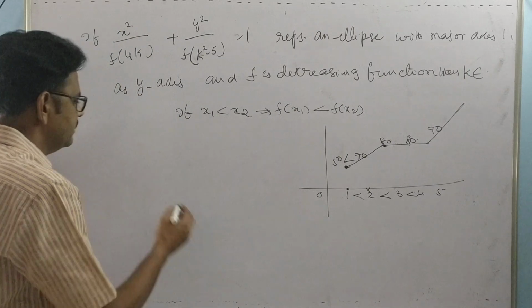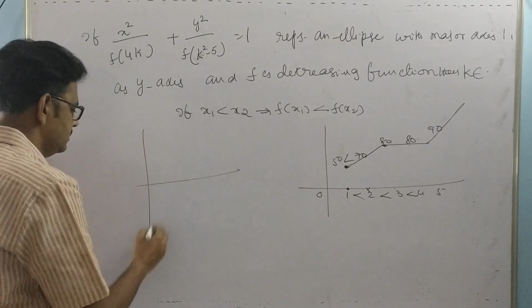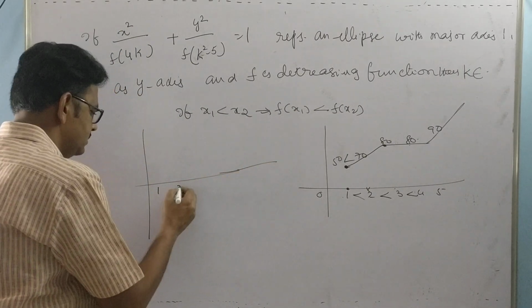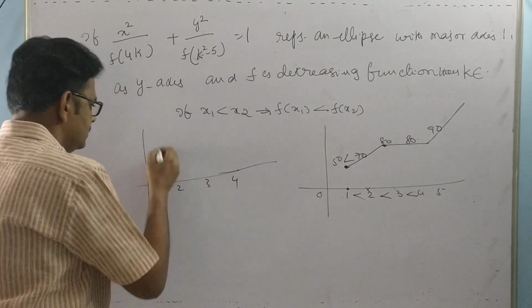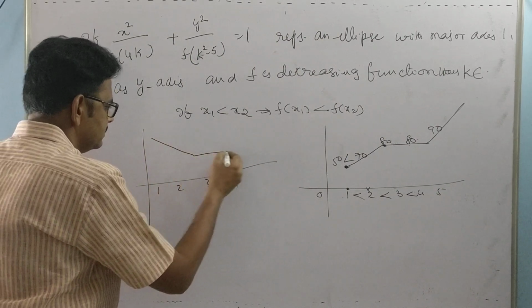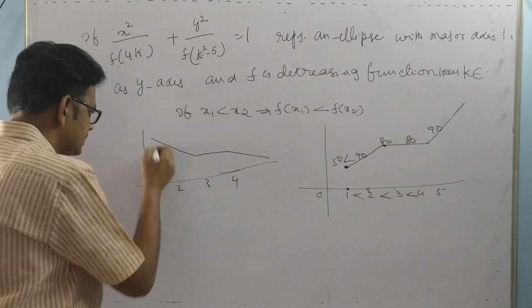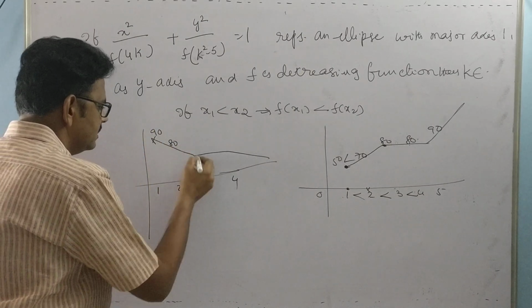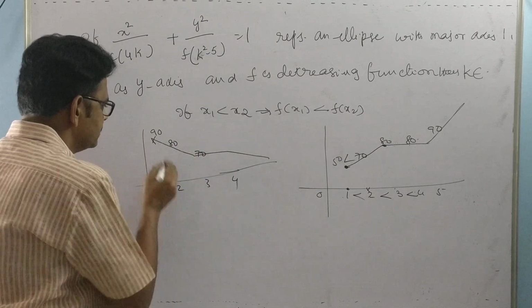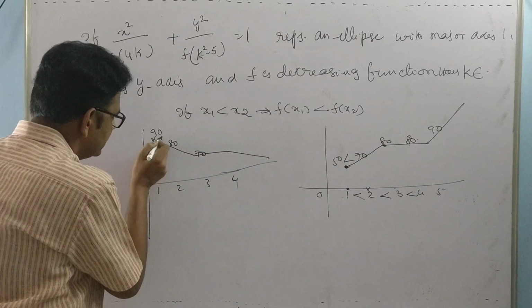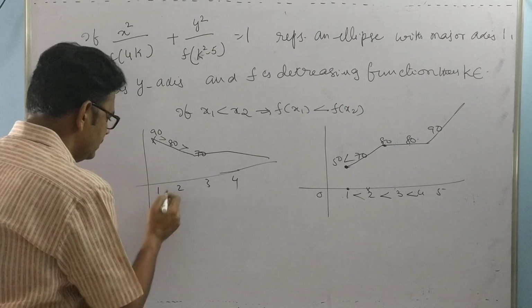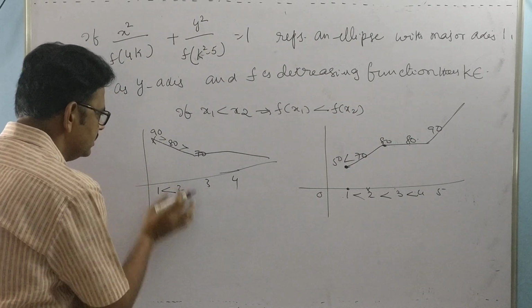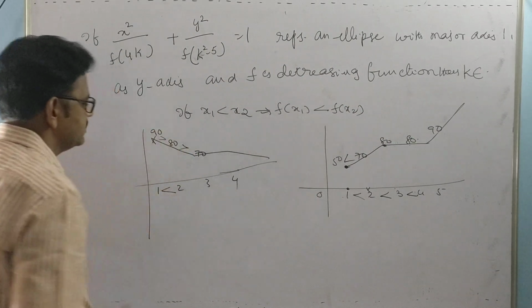So decreasing means what? Here this is 1, 2, 3, 4, so the graph is like this. First exam 90 marks, second exam 80 marks, third exam 70 marks. See here, x1 is less than x2, but f of x1 is greater than f of x2.